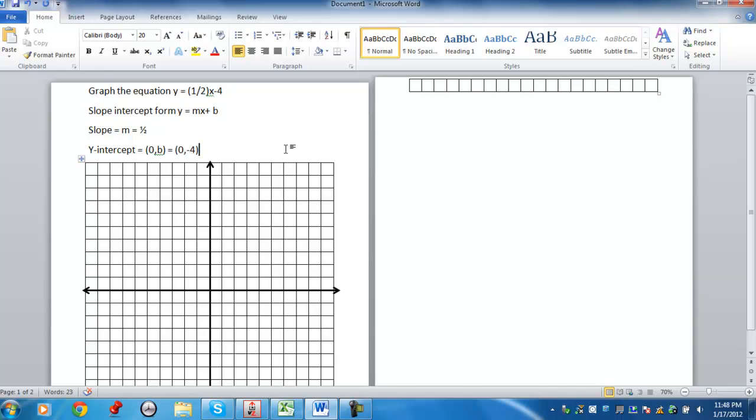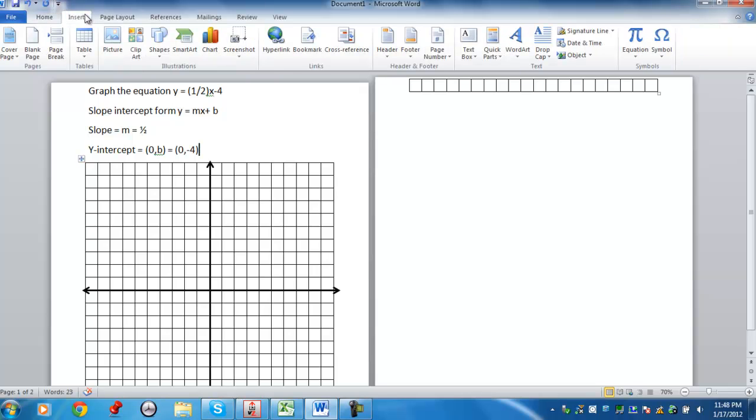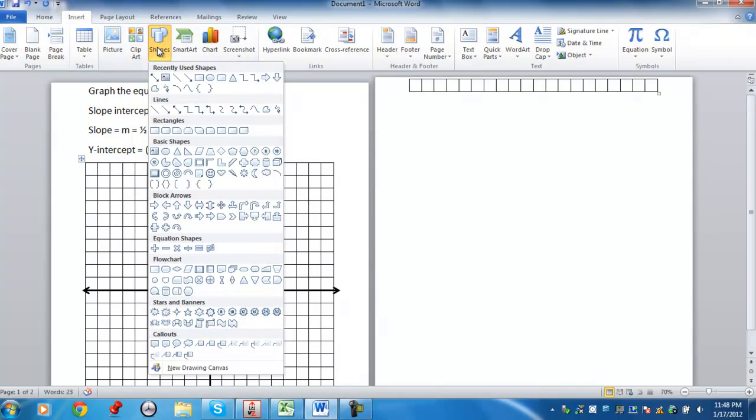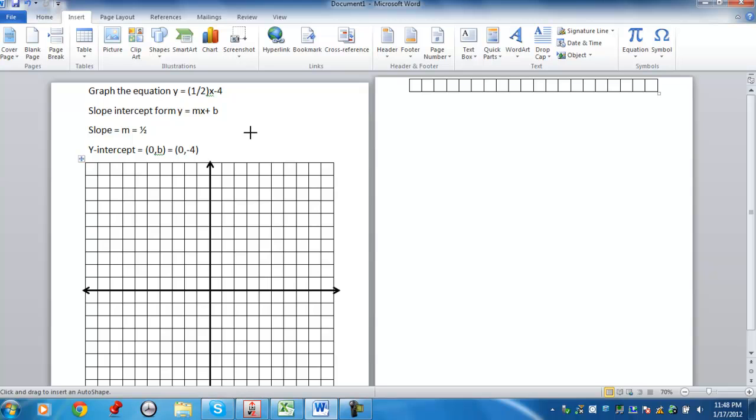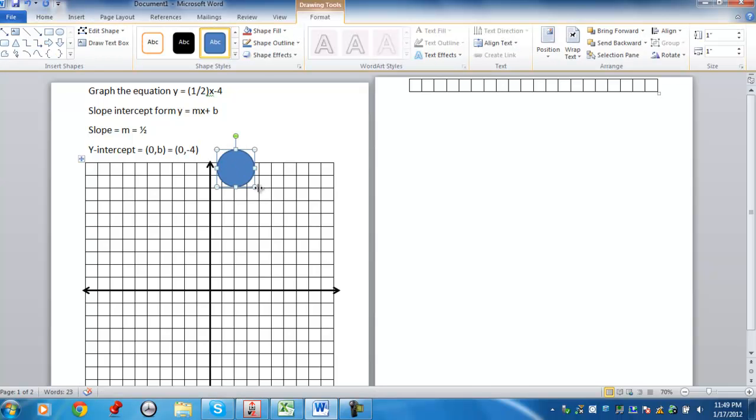If you want to plot some points on here, use a circle. Where you place the cursor, I just place it right above the grid, right after C4, and then just click on there. You want to adjust the size of your dot so it's big enough so that people can see it.